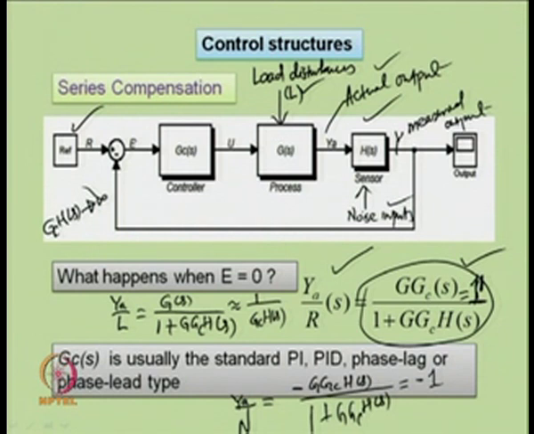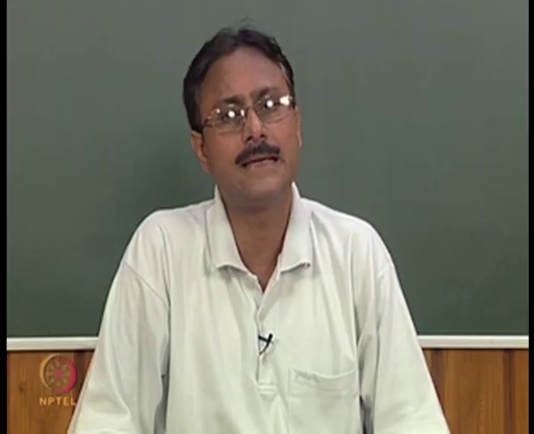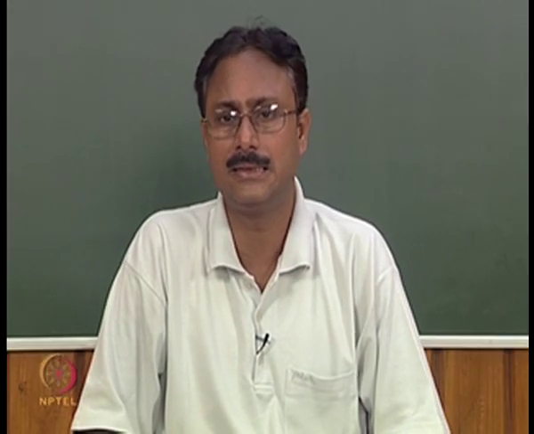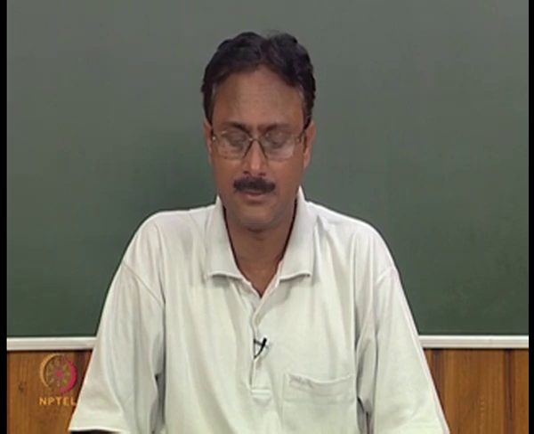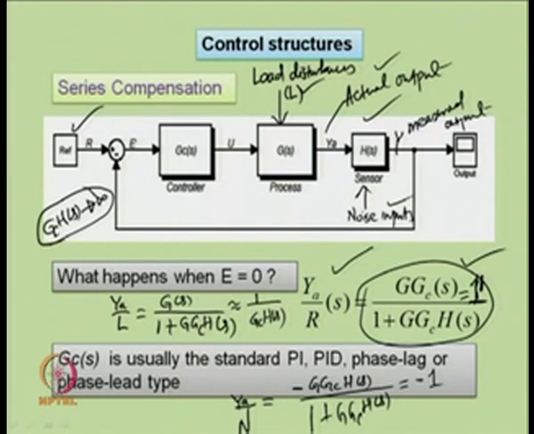So, we have got a perfect tracking system with the use of the controller G_C(s), with proper design of the controller. When the controller gain is assumed to have a very high value, at that time y_A upon R(s) becomes 1. That means y_A becomes R, which is desired. That means the actual output of the system becomes the desired output or the reference input.